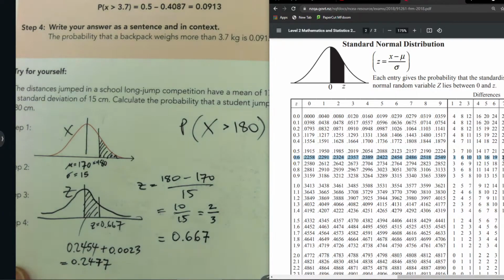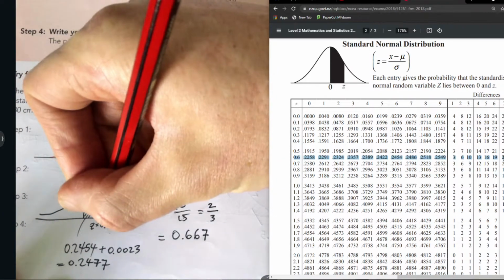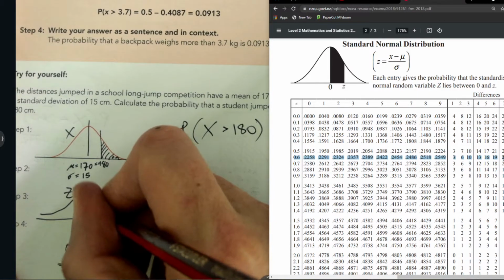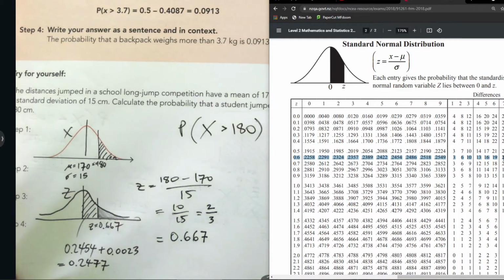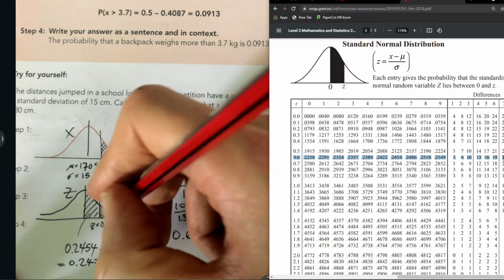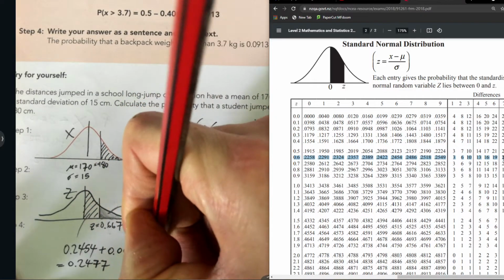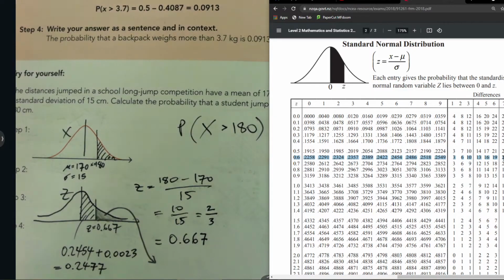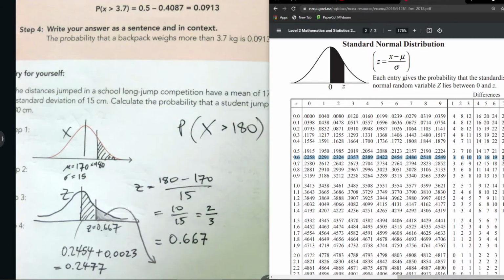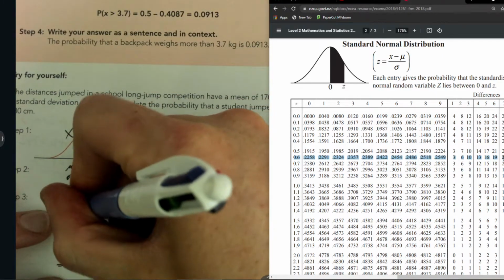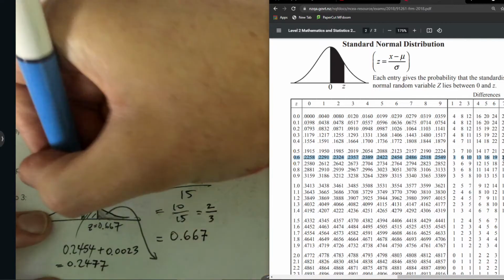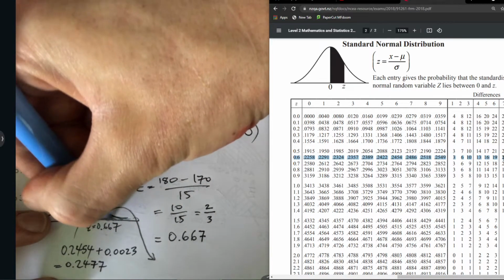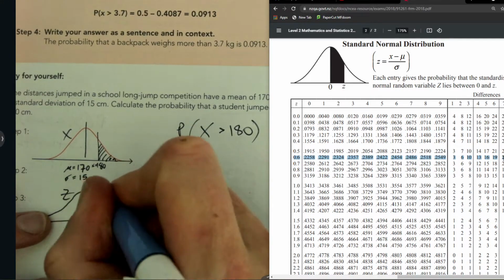What I'm going to do is shade it in pencil for you, just so we can explain the logic one more time. If we want to find the pencil shaded area, I'm going to pull it down to here. What we know is that the half of the normal distribution, which I'm doing in green, is 0.5.